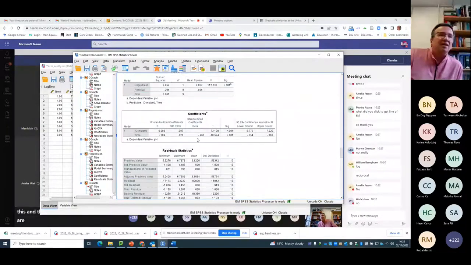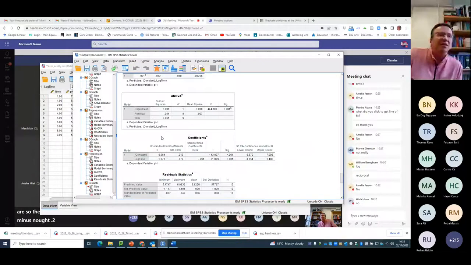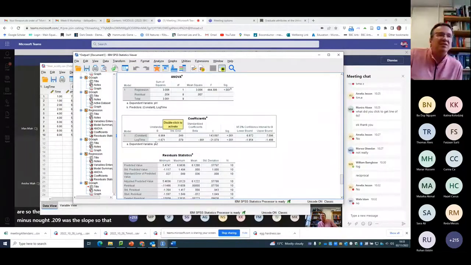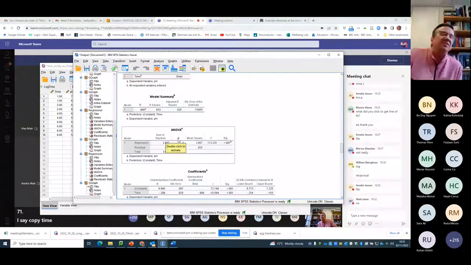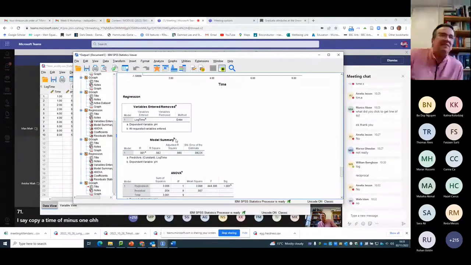So they'll come back, and the slope was minus 0.209. So that should correspond roughly to this minus 1.671. Actually, it can't be a time of minus 1. Oh, yes, the slope is that. Yes, ignore the sign.